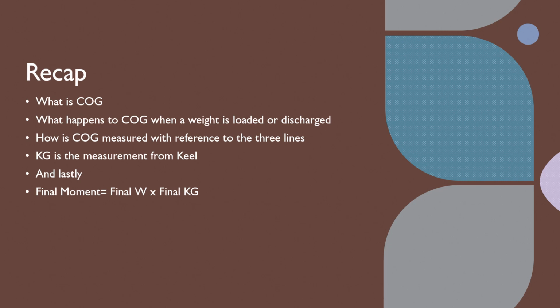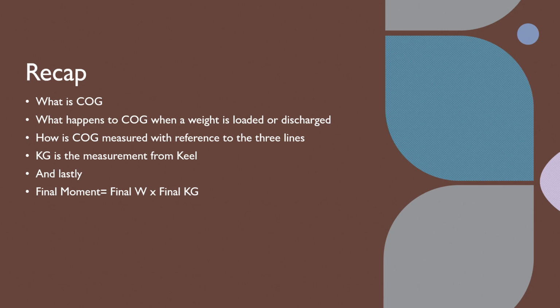Imagine the book. You're going to add some weight on the book. You need to move your finger to balance the book. Similarly, if you load on a ship, the center of gravity G is going to move to a new position G1. And if a weight is discharged, then it's going to move in the opposite direction.